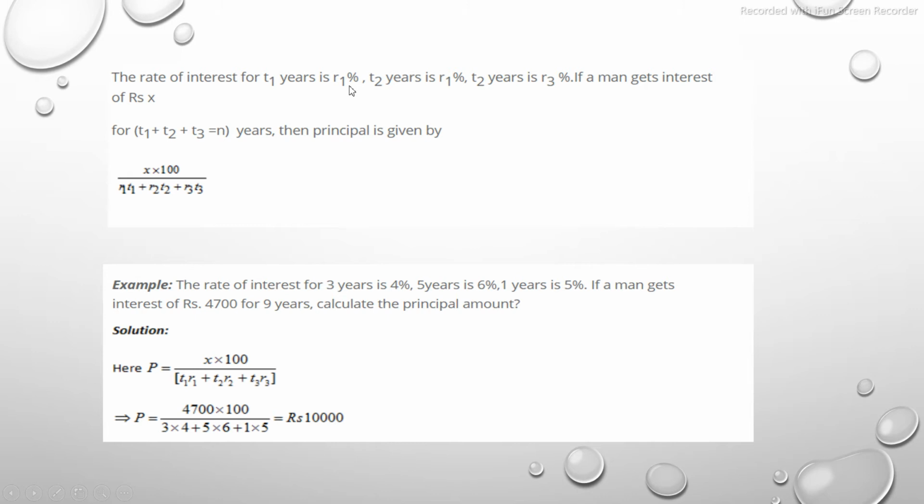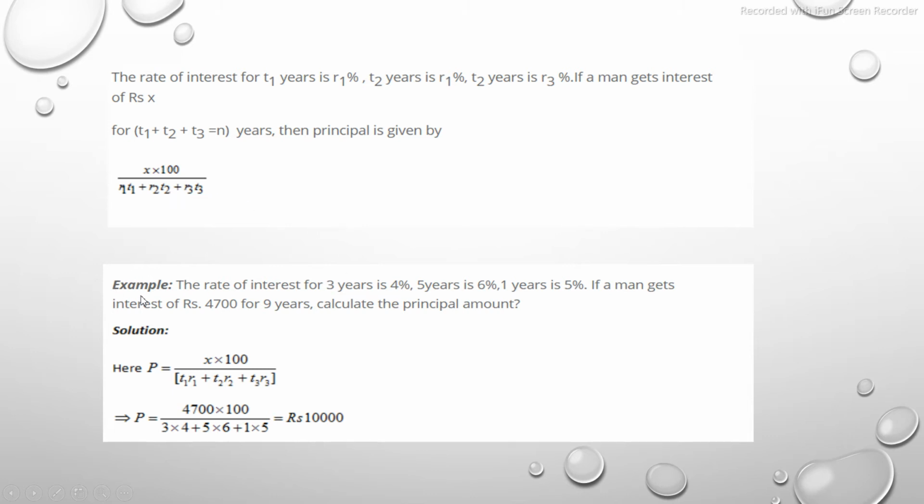If a man gets interest of rupees X for T1 plus T2 plus T3, calculated as n years, then the principal is given by X into 100 by R1 into T1 plus R2 into T2 plus R3 into T3.